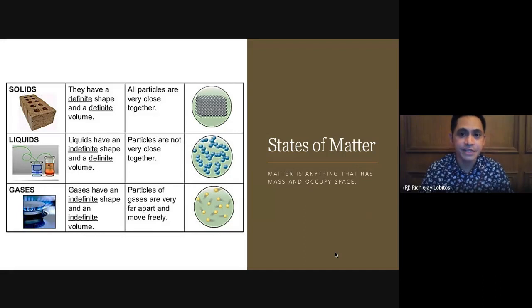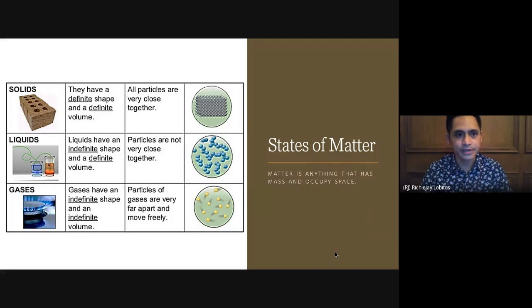Solids have definite shape and volume, just like a coin, a paper, a cell phone, a computer, a laptop, a plate, or even a table. They can stand on their own and they have their own shape. They also occupy a fixed amount of space.